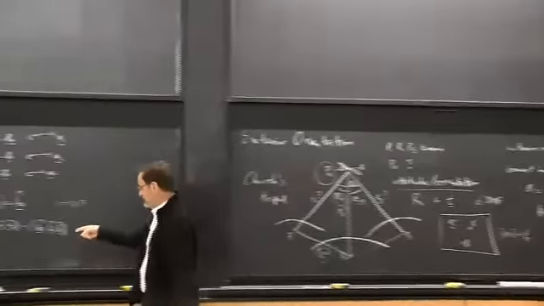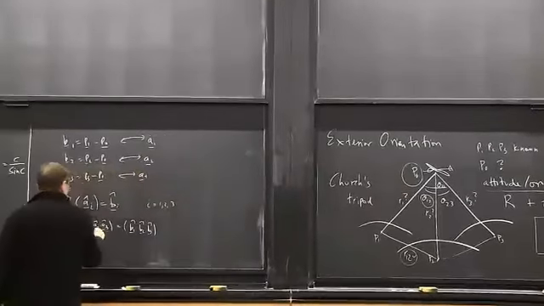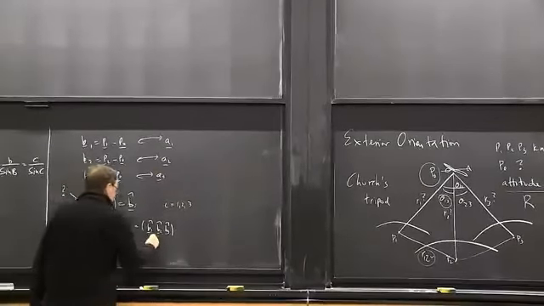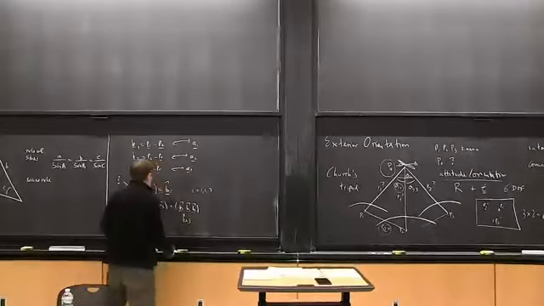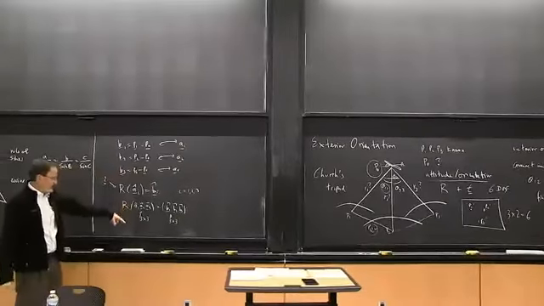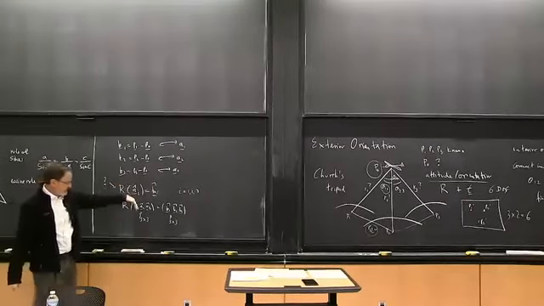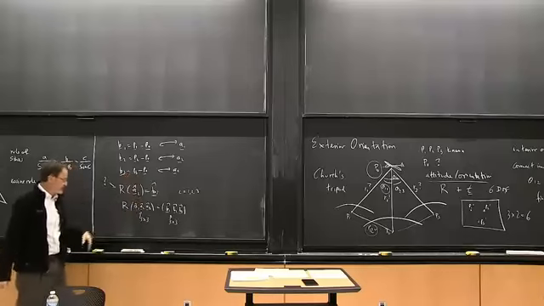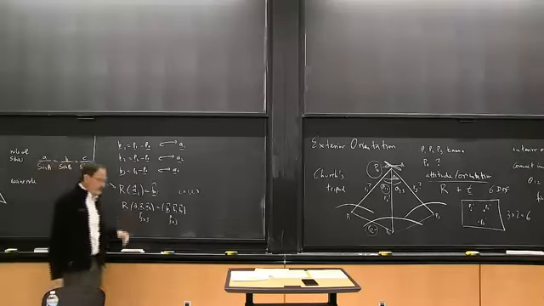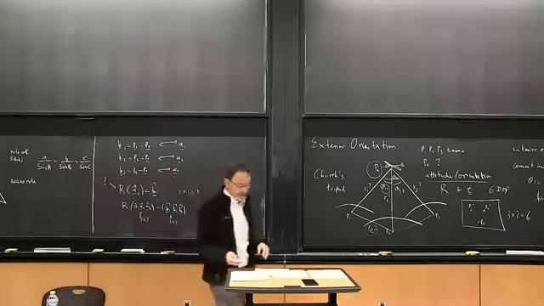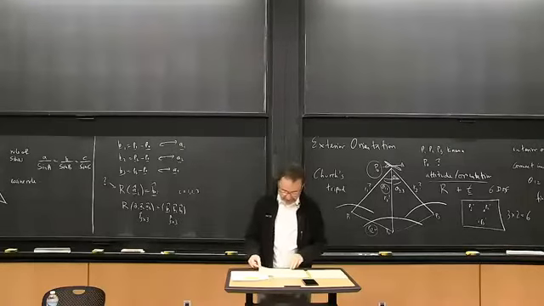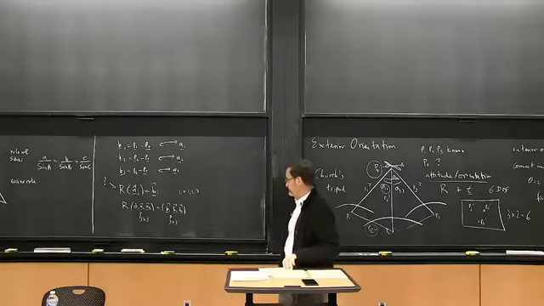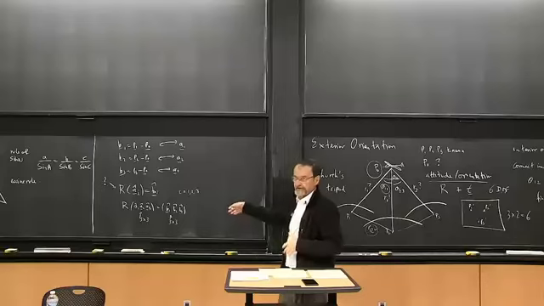And so what is this? Well, this is a 3 by 3 matrix, and this is a 3 by 3 matrix. The first column of which is the vector A1, the second column is A2, the third column is A3. So we have a product of 3 by 3 matrices, and we can just solve for R by inverting one of them. So very straightforward.